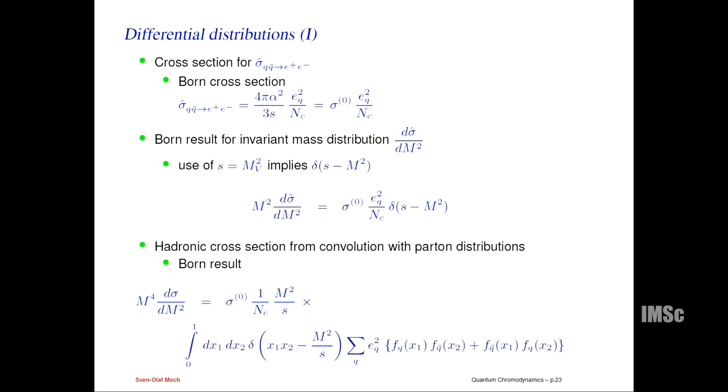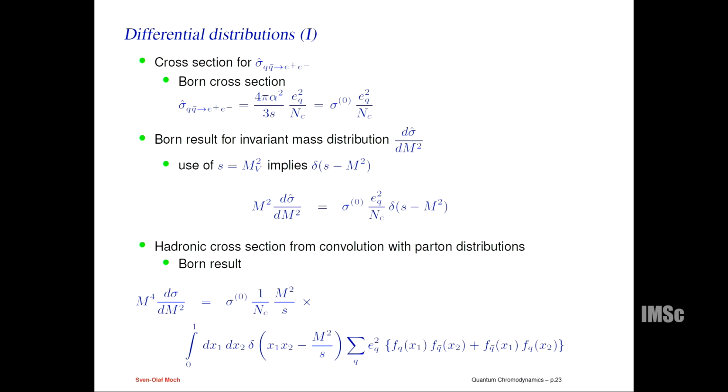So we have the same cross-section as yesterday, only the difference is now we have our q q bar pair in the initial state, so they come with 3 colors, and we have to average over the quantum numbers in the initial state. Compared to the e plus e minus annihilation cross-section that we considered yesterday, we have to put one additional factor of 1 over NC, NC being the number of colors, on top of the cross-section that we had yesterday.